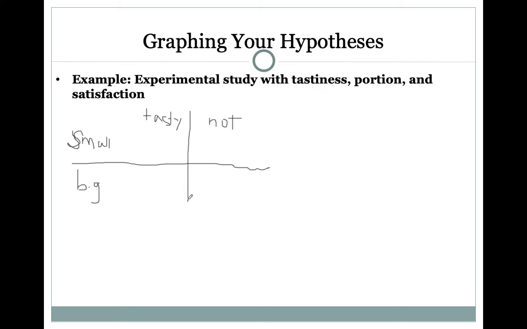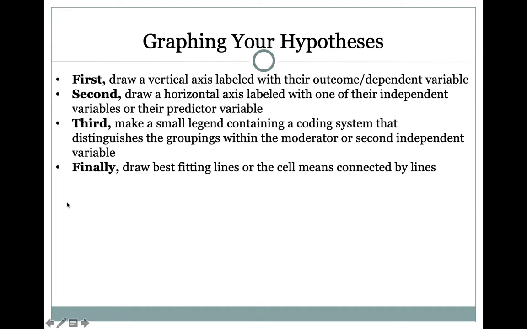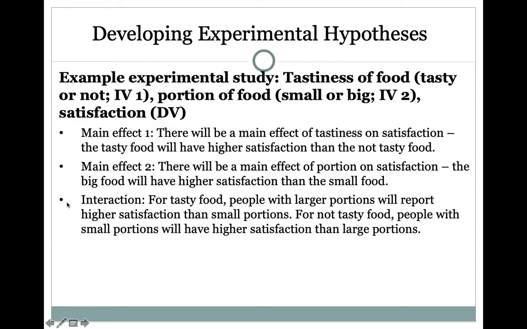Okay, so if I'm thinking this through, I predicted there'd be a main effect of taste such that tasty would have higher satisfaction than not, and also a main effect of portion size such that small would have higher satisfaction than big. Is that what I hypothesized? Big will have a higher satisfaction than small.